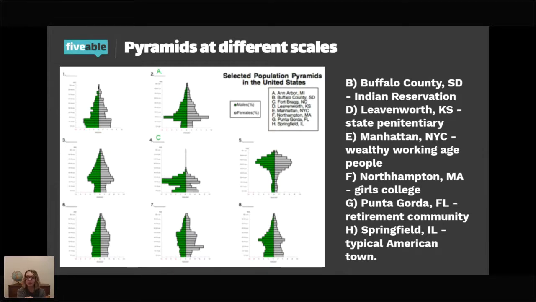So then I go back to my descriptions. I've got Buffalo County left. I have Leavenworth, which has the state penitentiary, and then I have Manhattan left, which has our wealthy working age people who are working. Cost of living is high. They're probably not having a lot of kids. So I would pair that with 3, which leaves us with 1 and 8.